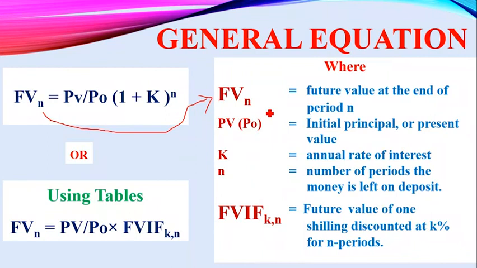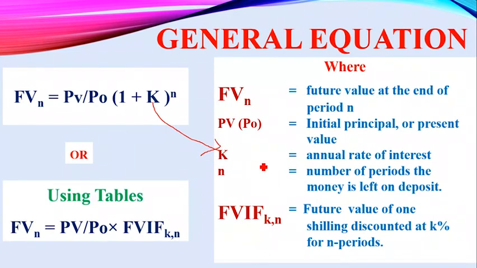That value in the 10th year is what you are calling the FVn. The n here represents the period, that is the number of periods the money is left on deposit. So if you are investing 100,000 and keeping it there for the next 5 years, 5 years in this case is our n. Then the k here represents the annual rate of interest.